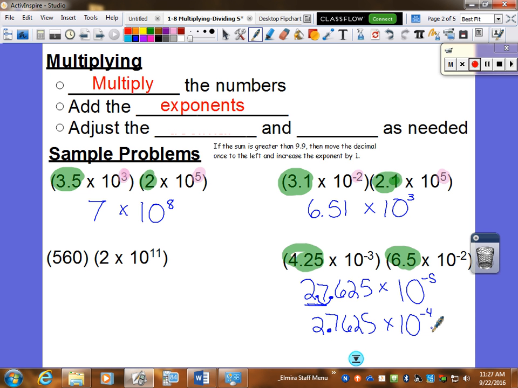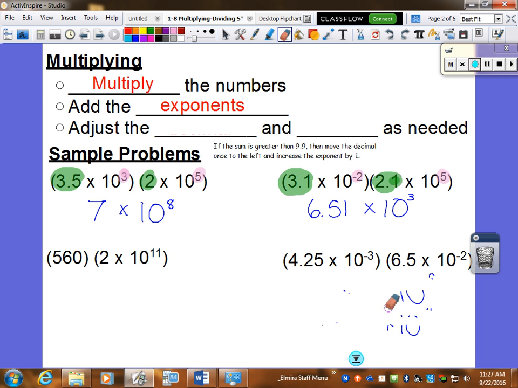Now I completely understand that some of you are going to type this into your calculator, and that's fine. So let's start this problem over again and talk about how we would type things into the calculator, what the calculator gives us, and how we would answer it on our paper.